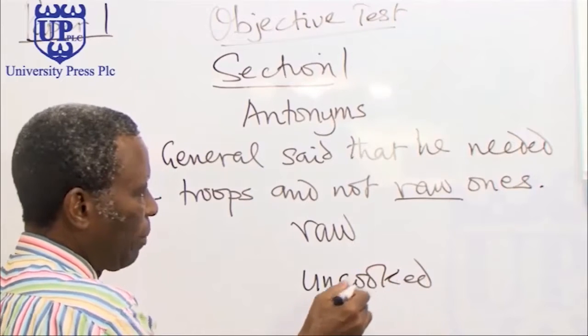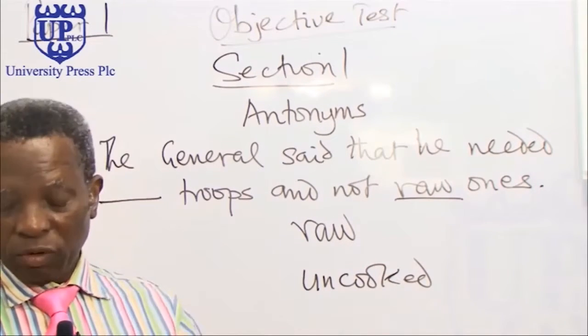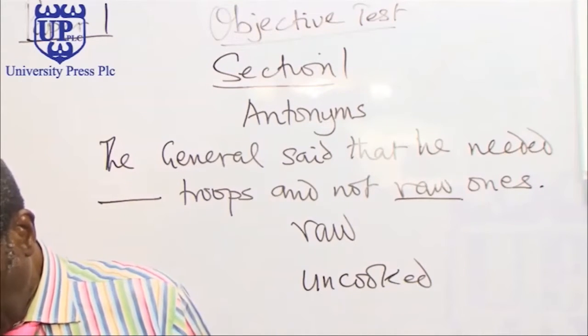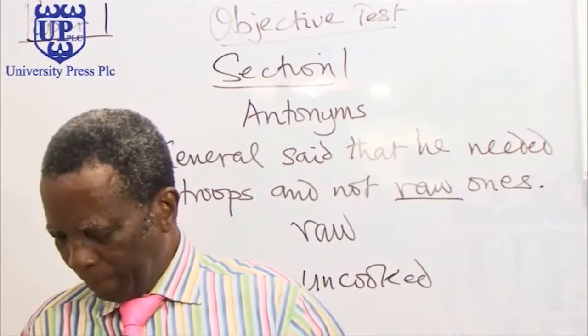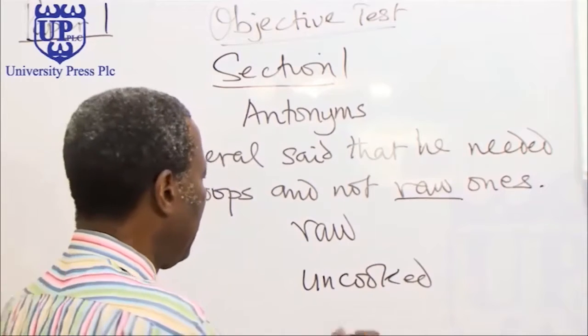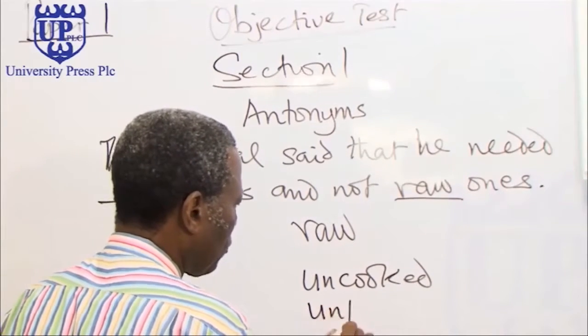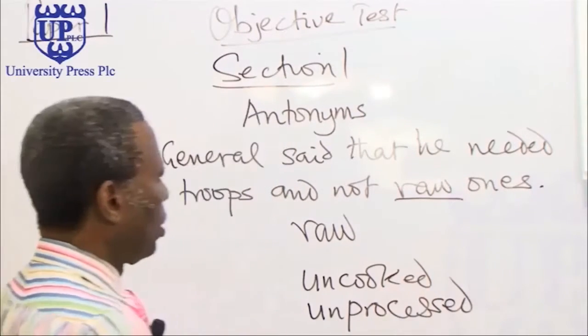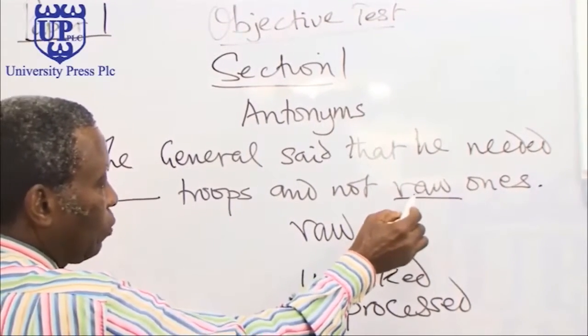Raw may mean many other things. In fact, in the dictionary, you have about 8 meanings for the word raw. It may mean uncooked. It may mean unprocessed. Raw material. So here, does raw mean uncooked?